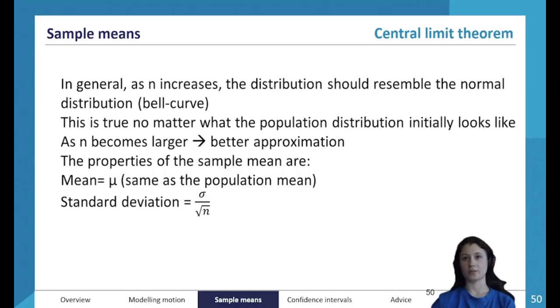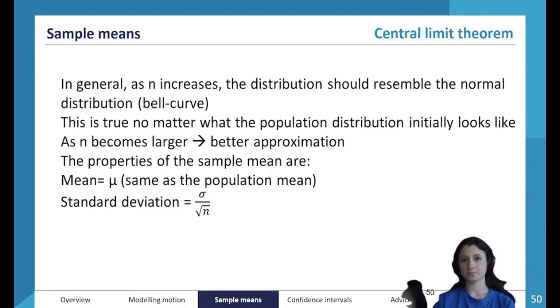The central limit theorem essentially just tells us when a distribution will look normal. Alright? So, regardless of what the population distribution initially looks like, as n becomes larger, it's a better approximation.